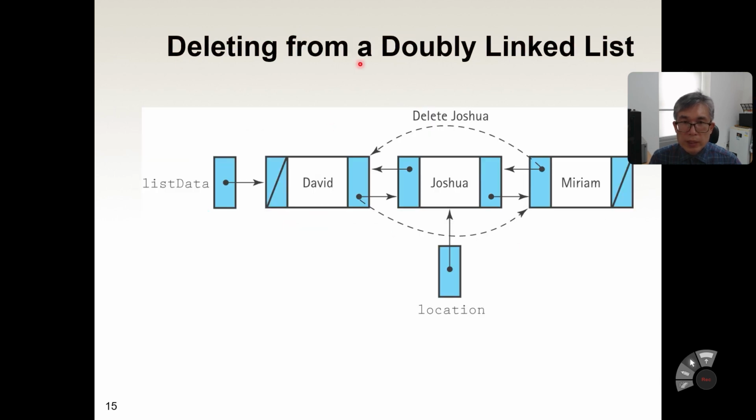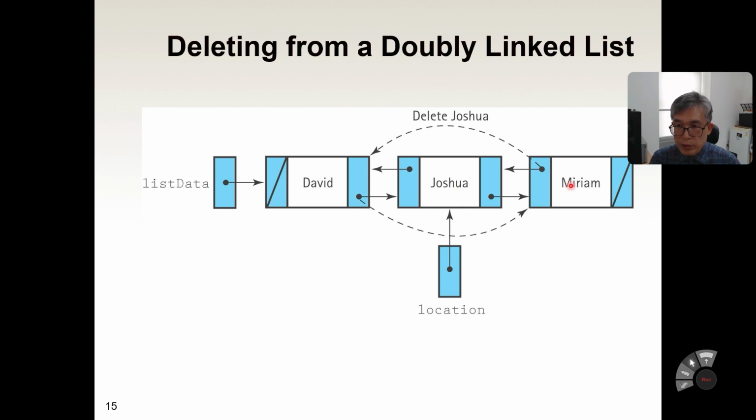If we delete a node from a doubly linked list, we delete, right? So before, delete this node, this is the location pointing to the deleted node, right? In that case, the previous node and the next successor node should be linked to each other, right?